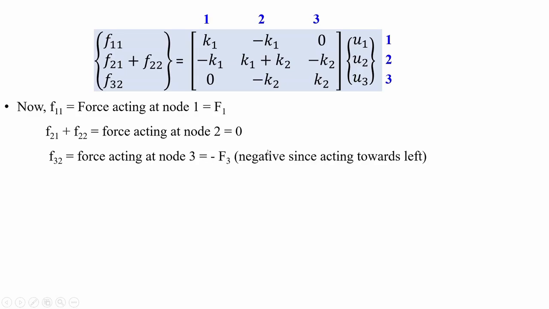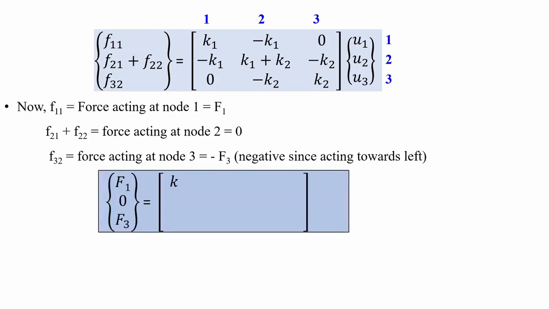Why the minus sign? Because it is acting towards the left. The sign convention is that if the force is acting towards the right, it is considered positive, whereas if the force is acting towards the left, it is considered negative. Since F3 is acting towards the left, we have considered it as a negative force.